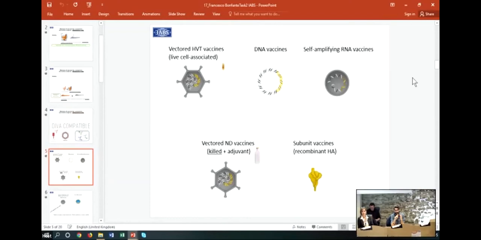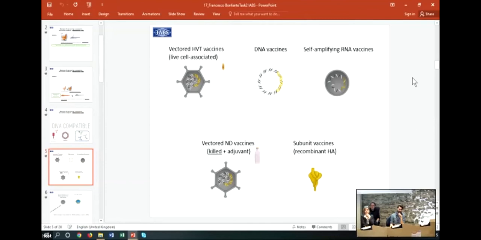And here I'm listing some of the vaccines, if not all of the vaccines, that are currently being tested in Europe. I'll just touch upon those briefly. One is the vectorized HVT vaccine. Then we have DNA vaccines, self-amplifying RNA vaccines, and even vector and ND vaccines that are killed, and subunit vaccines, recombinant HAs being injected with an adjuvant in our animals.